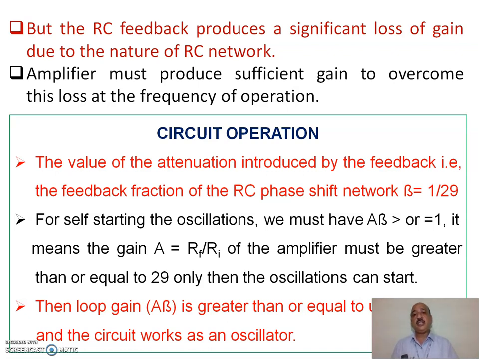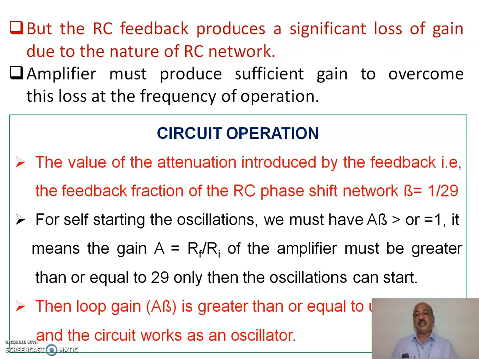For self-starting oscillations, we must have A beta greater than or equal to 1. It means the gain A, equal to RF by RI of the amplifier, must be greater than or equal to 29. Then the oscillations can start.